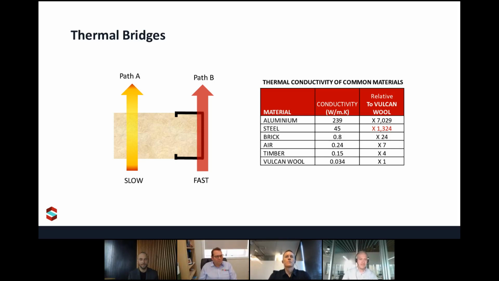So we just got some fun facts there on the screen. We compared the conductivity of DCTech's Vulcan wool insulation with other commonly used building materials. So you can see timber is 4 times higher conductivity. So it's a lot better than steel at 1,300 times, and then all the way up to aluminium, which is 7,000 times faster than insulation.